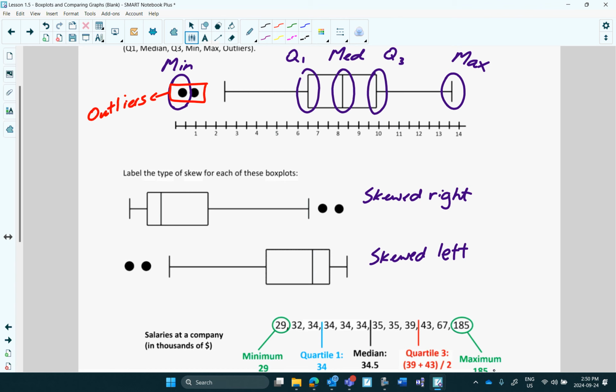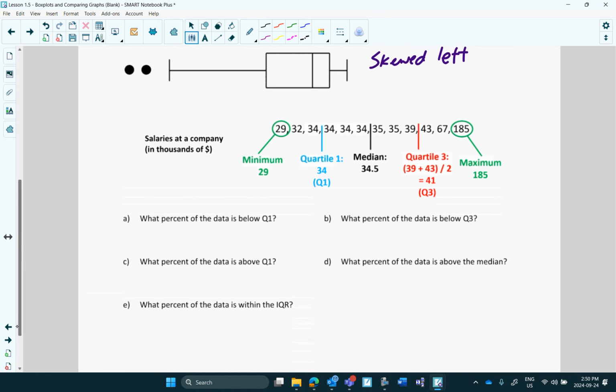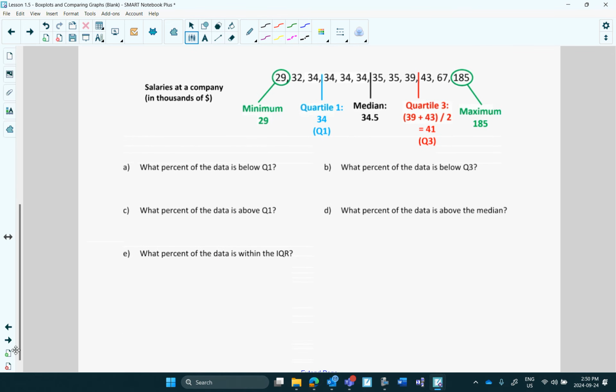Its variability is whatever this minus this is, because that's the IQR. And there are 2 outliers in the distribution, because the box plot makes it clear what they are. That's how I describe a box plot distribution. And actually, we do it on the next page, so I kind of jumped ahead a little bit.